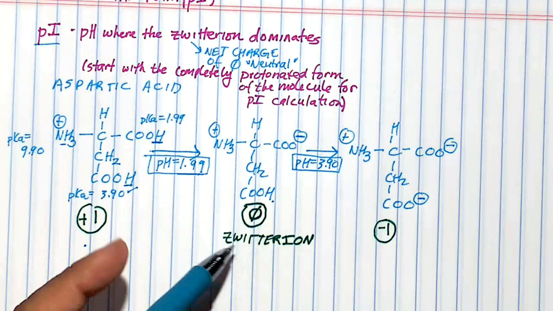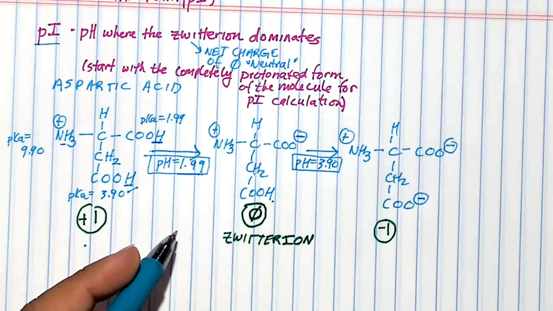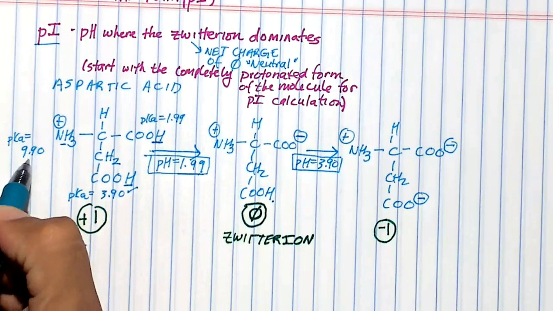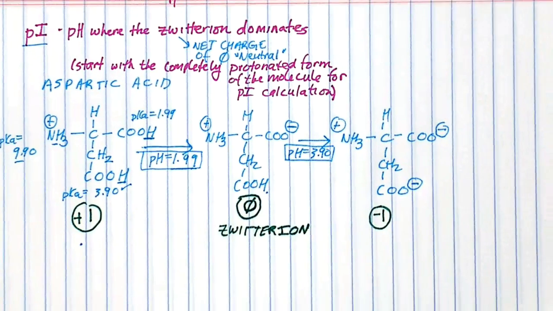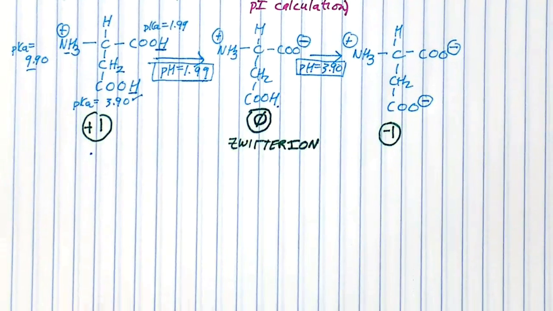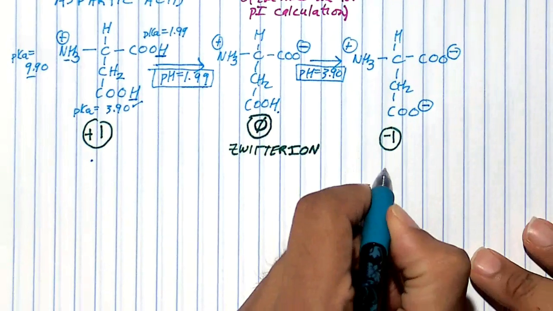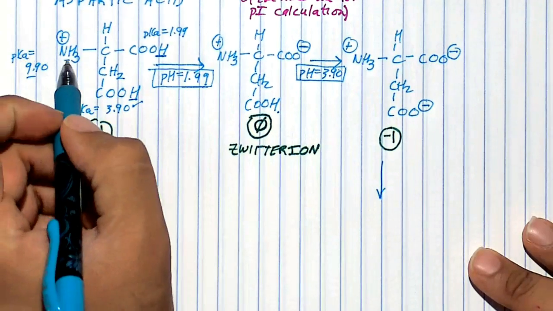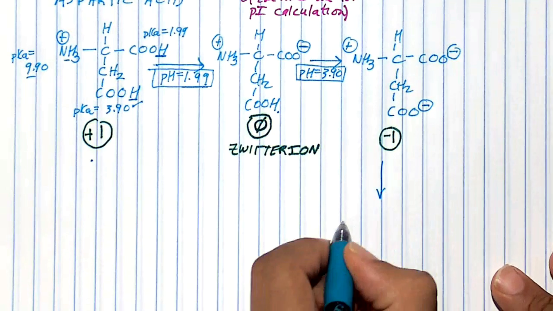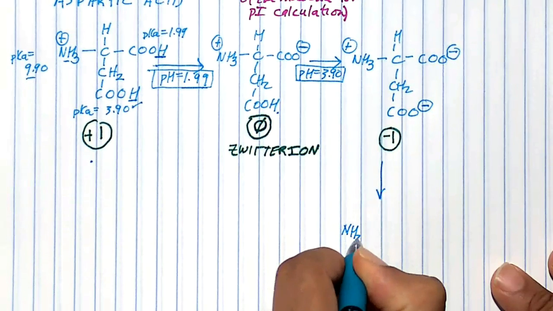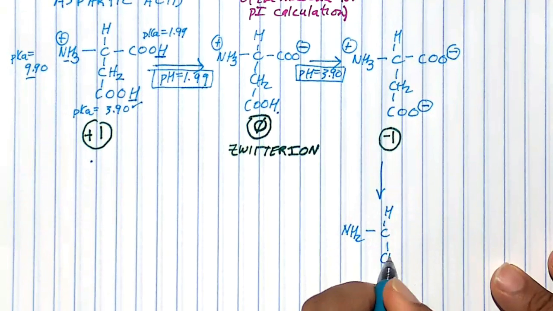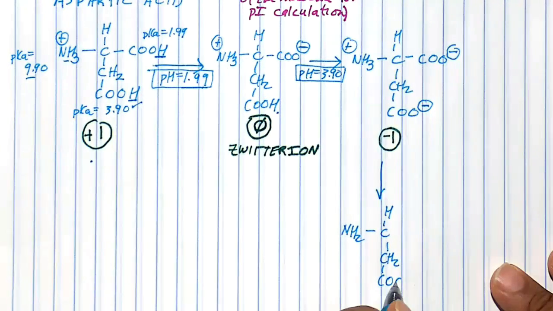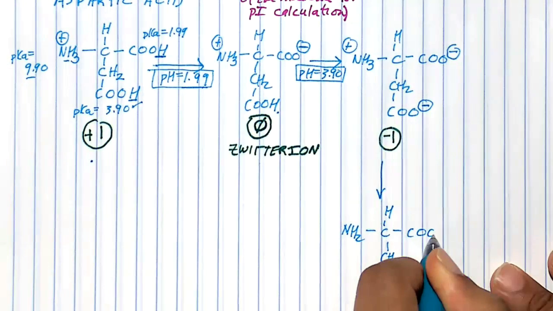All of that continues to happen until we hit a pH of what? Until we hit a pH of 9.90. At a pH of 9.90, let me see if I could maneuver this so that you guys could see. The alpha amino group comes off. So now we have this form, NH2, CH, CH2, COO minus, COO minus.